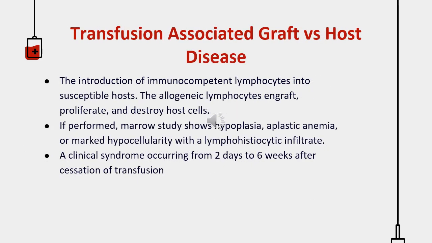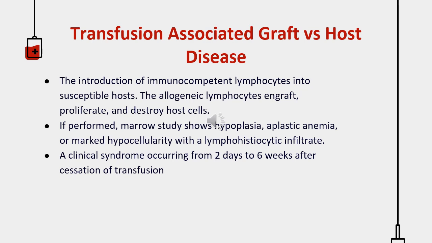Transfusion-associated graft versus host disease. To try to simplify GVHD, when a person receives a transfusion of a blood product, more likely in these cases the transfusion of white cells, or a bone marrow transplant, or if they've received an organ from a donor, they are at risk that the immune competent cells that have been grafted into them proliferate and then attack the host.